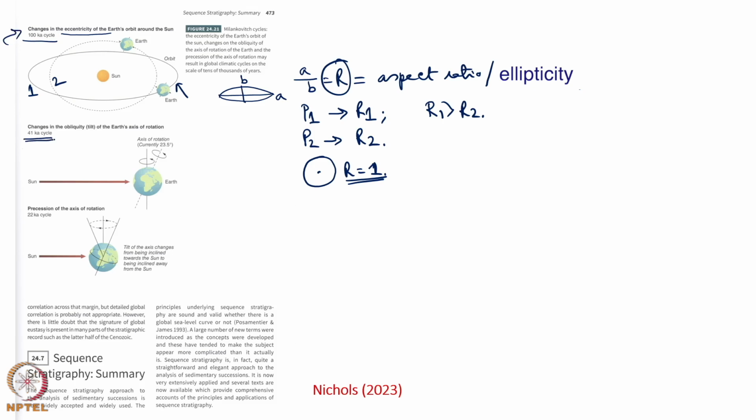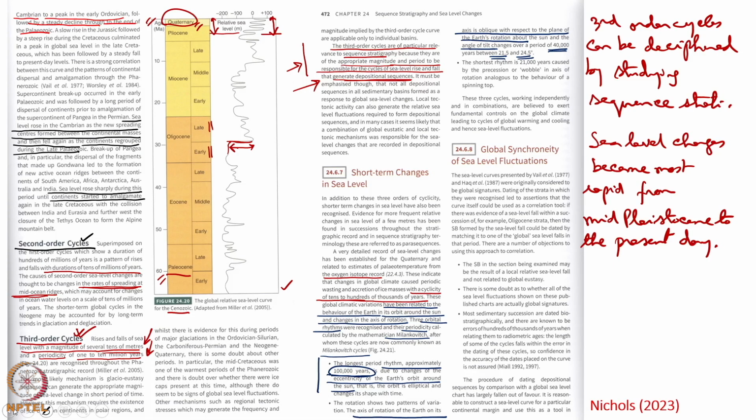The 41 kilo year cycle is related to the change of the obliquity or tilt of the earth's axis. At present, the axis of rotation makes 23.5 degrees. Now, this angle actually changes with time and is related to the 41 kilo year cycle or 40,000 years approximately.